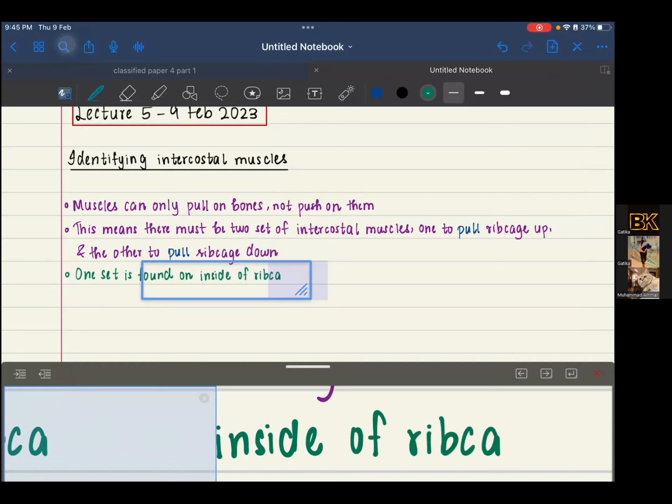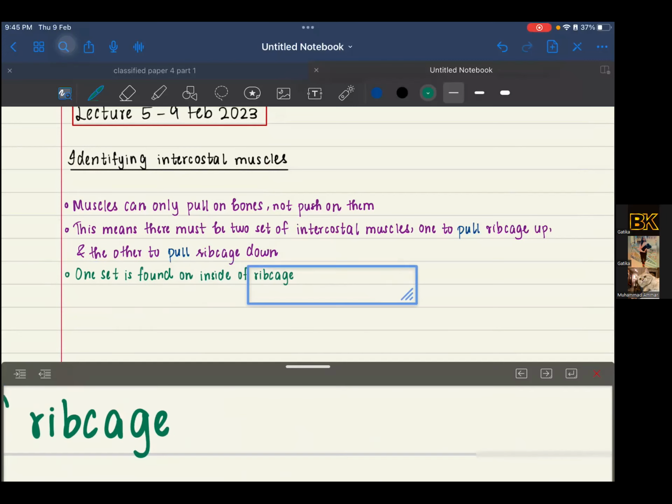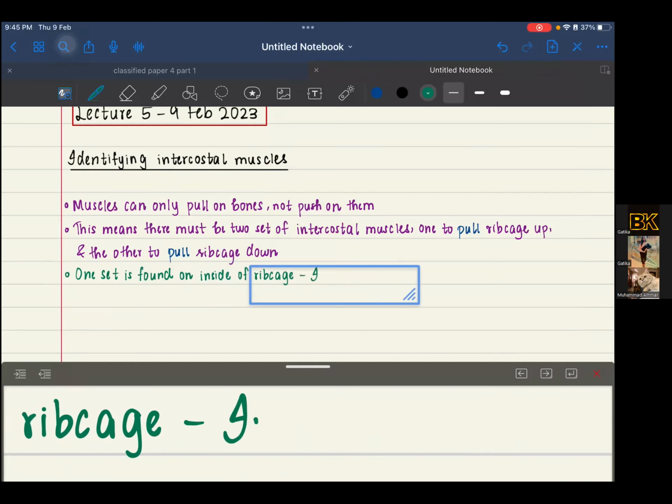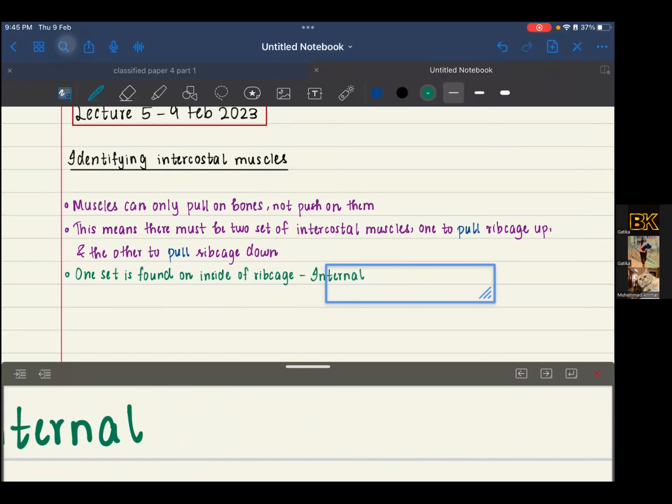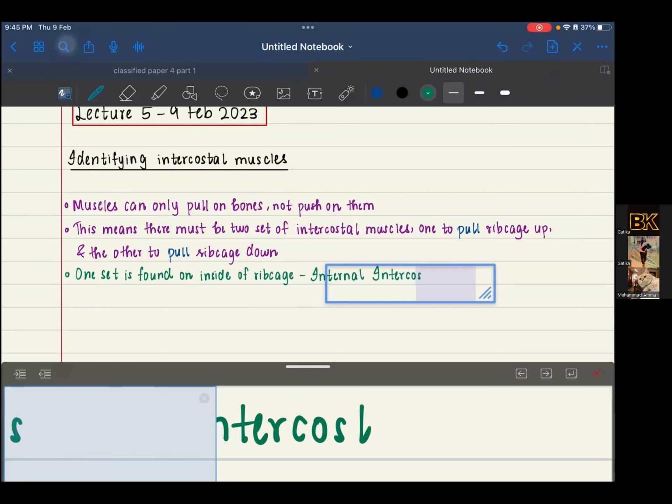That is called internal intercostal muscle.